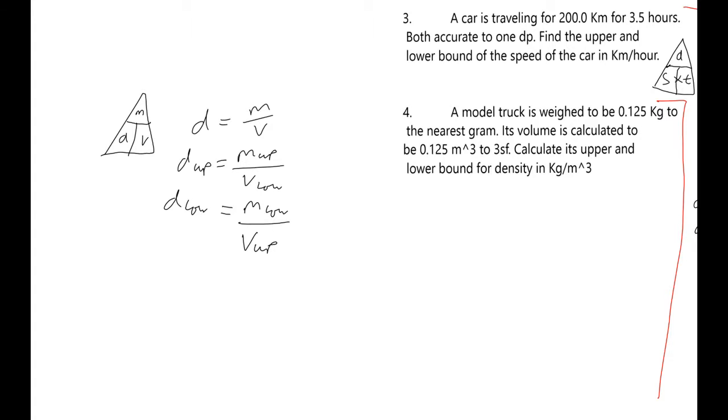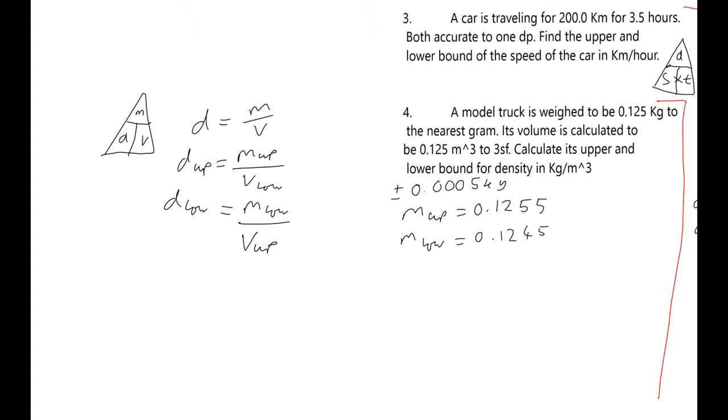Okay? Which is going to be plus or minus 0.0005 kilograms. So mass upper equals 0.1255 and mass lower equals 0.1245.